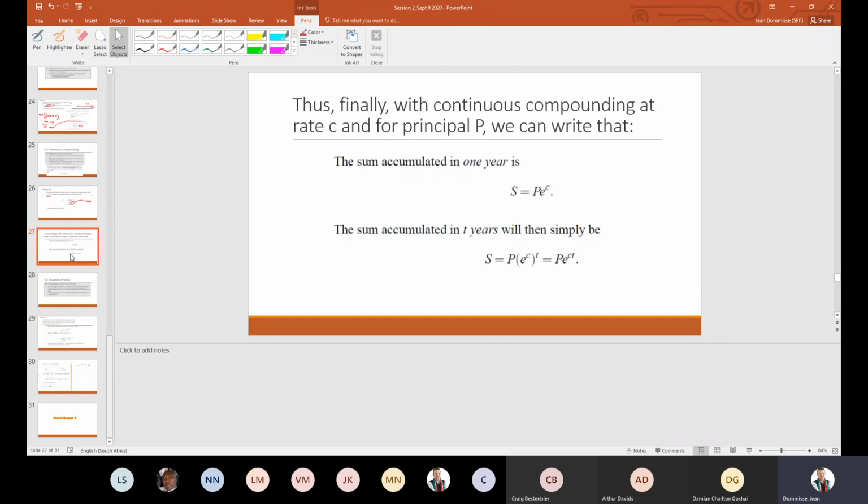Okay, so then the other thing that we are working with is, if we need to work out the principal value P, or the future value S, with continuous compounding, then you can use this formula. What is important here is that it is a bit different from your normal future value, present value.